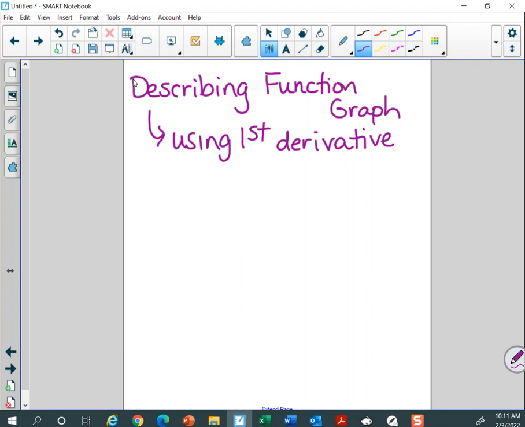Which means that we are going to be doing exactly the process we did in Unit 3, which was, let's talk about where a function is increasing, let's talk about where a function is decreasing, let's talk about where there's relative mins and maxes, but let's do that without actually looking at the graph of the function. Let's do that by looking at the function's derivative.